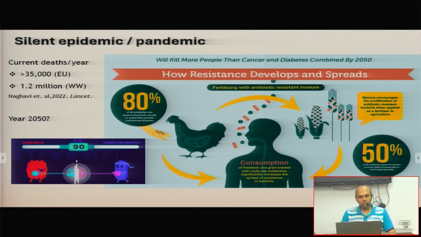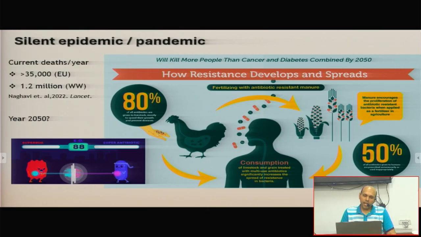And you can see in that picture as well that AMR will kill more people than cancer and diabetes combined by 2050. So in the picture itself, you can see how the resistance is developing. You have the poultry, for example, or livestock, and you are giving antibiotics.